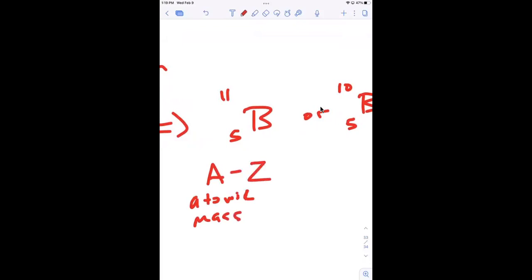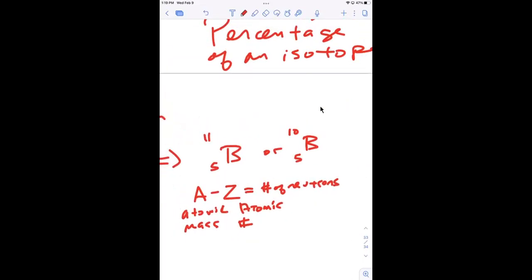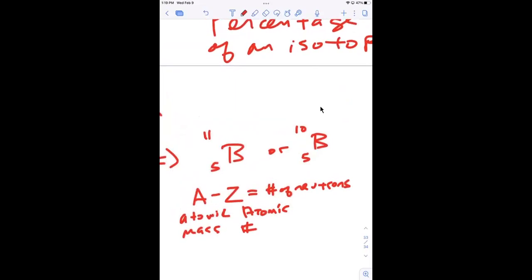Think about the alphabet going from A to Z. A is the atomic mass, Z is the atomic number, and that gives us the number of neutrons. So it's 6. Yes, good. B11 has 6 neutrons.